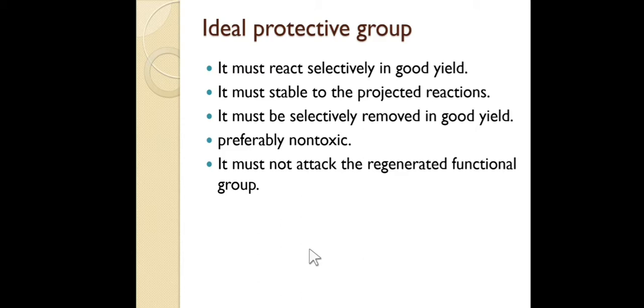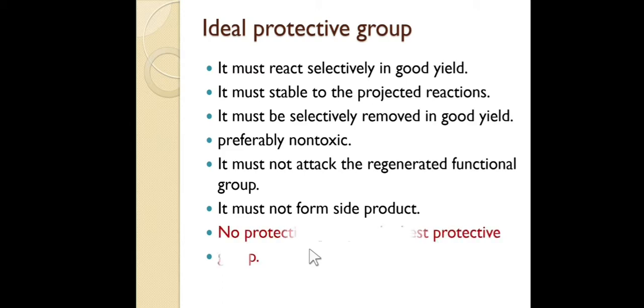If we are generating any other functional group in the next reaction, it should not attack that functional group. That means it should be inert in nature. It must not form side products. Okay, so after protection of the functional group, there should not be side products.